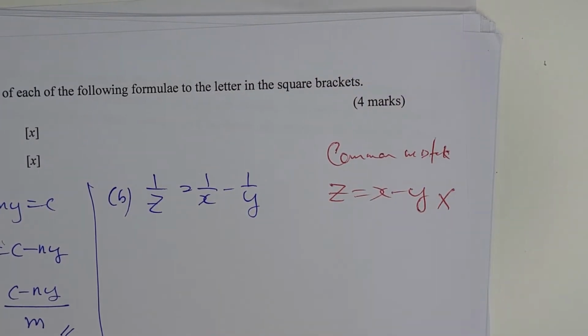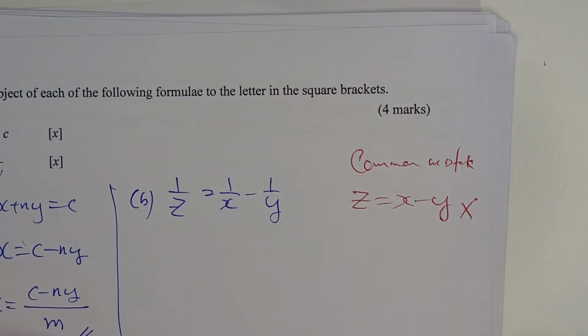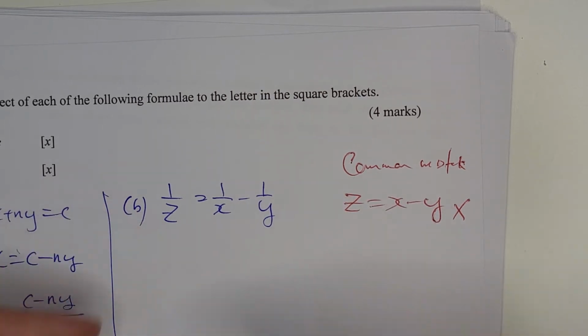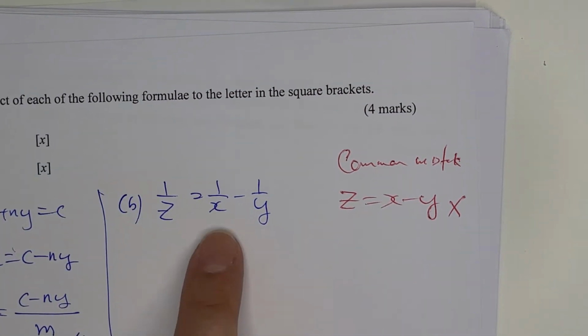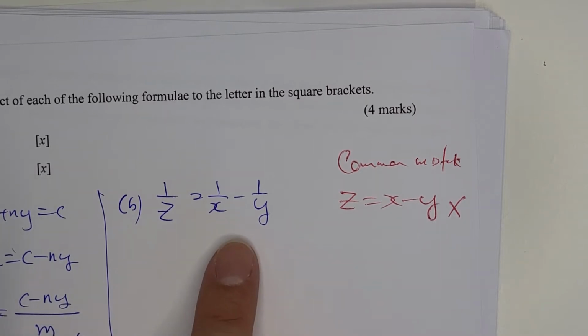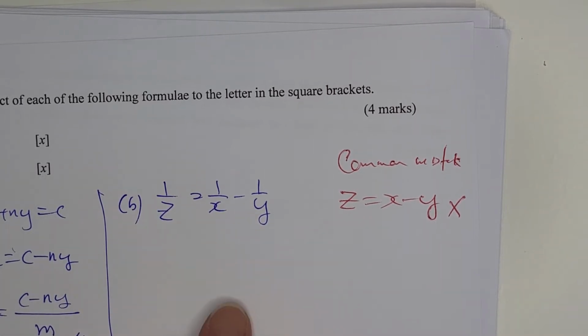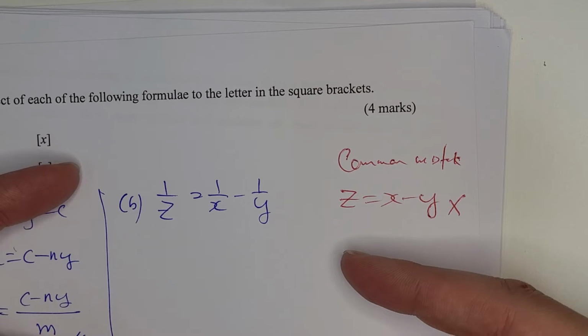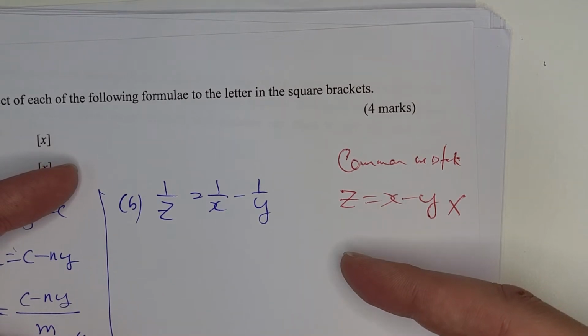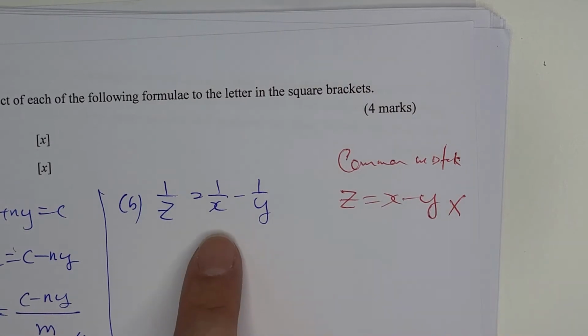Wrong. You cannot directly flip the numerator and denominator on both sides of the equation if there is more than one term.